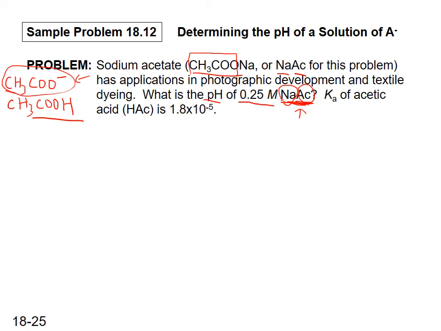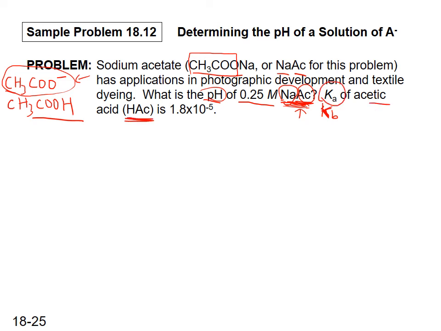So in order to calculate pH, we need to know hydronium ion. To calculate hydronium ion, we need to know hydroxide because it's a weak base. So we need to draw a reaction table. Now in the reaction table, because it's a weak base, we need to know Kb. Now the question tells you the Ka of this acid.